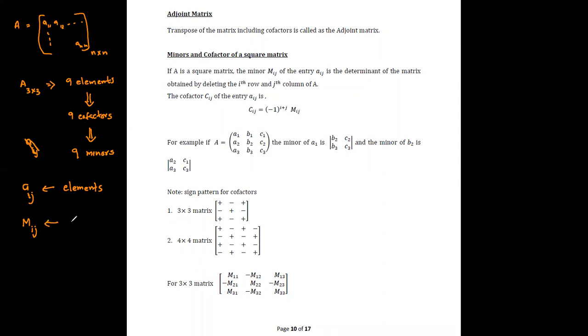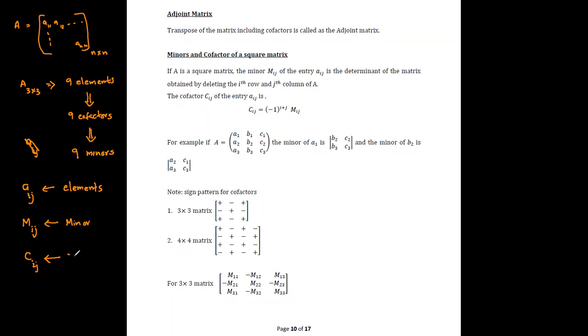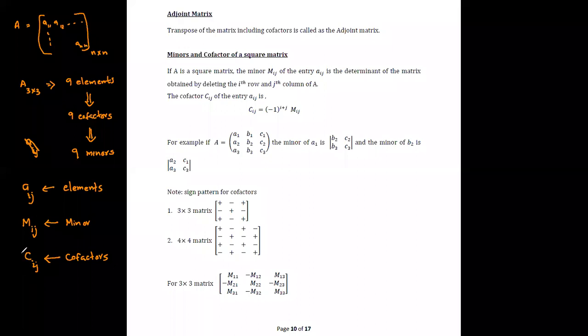This Mij stands for the minor that we are obtaining. Then, using these minors, we are going to identify the cofactors. Since we have Ij number of minors, there should be Ij number of cofactors as well, and we have to use a notation to denote the cofactors.